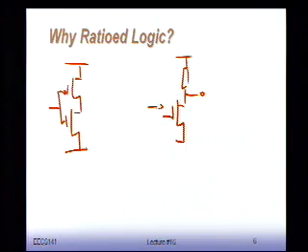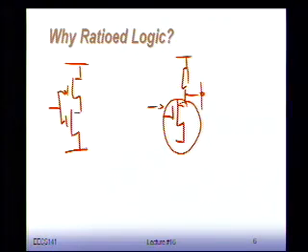So what this does is, we make an inverter by creating a driver transistor and a load device. The load device is there to pull up the output to high, to VDD, when the input device is off. When the input device is on, we pull the output low.